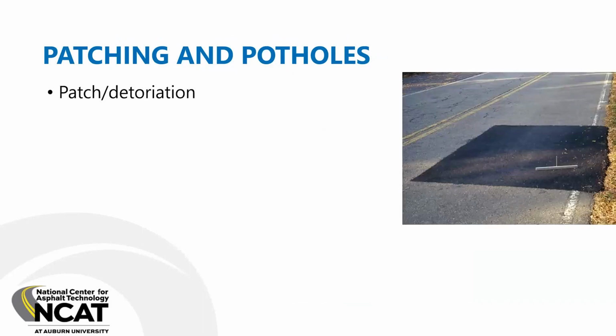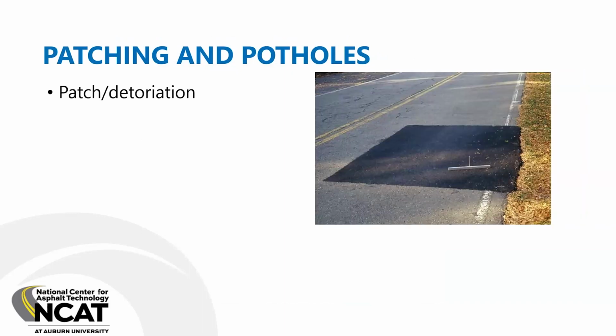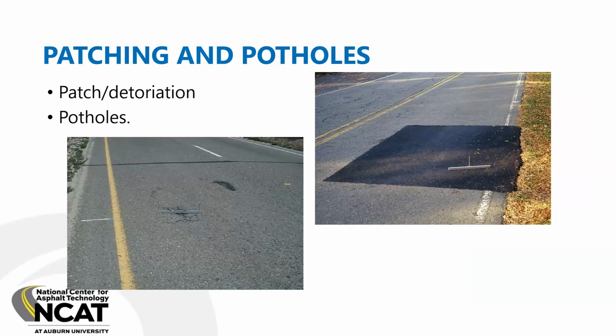Patching and potholes also are described in the manual. Here's a picture of a really well done patch where it was saw cut out and then mix placed back in that saw cut area. Hopefully it was tacked really well. And then potholes can start for different reasons.